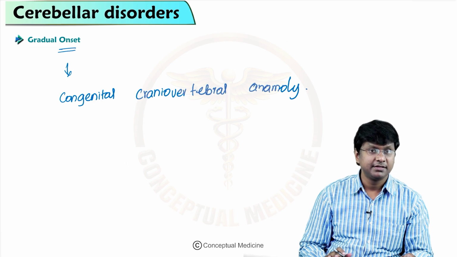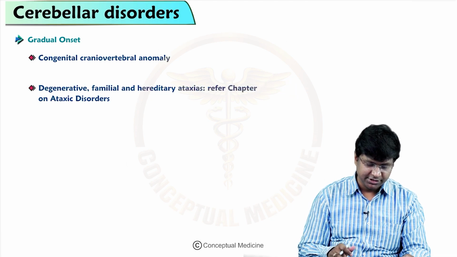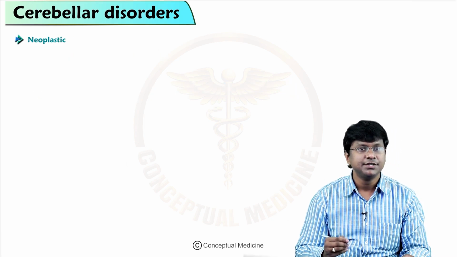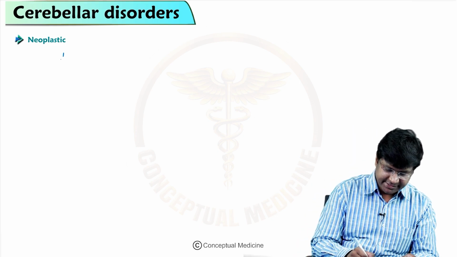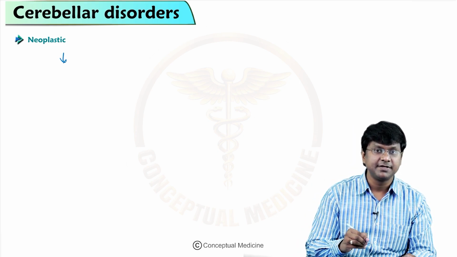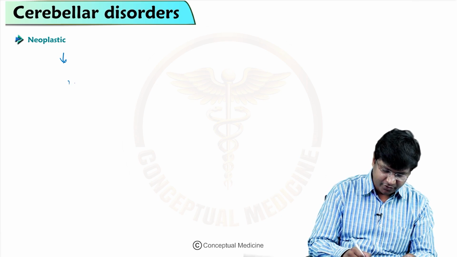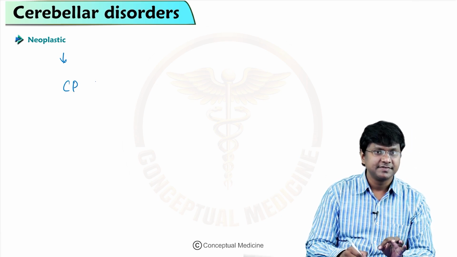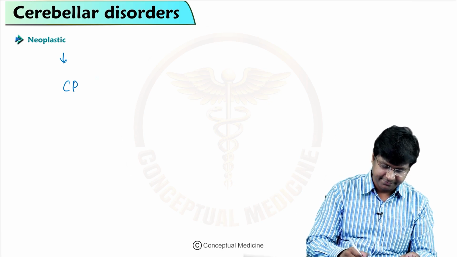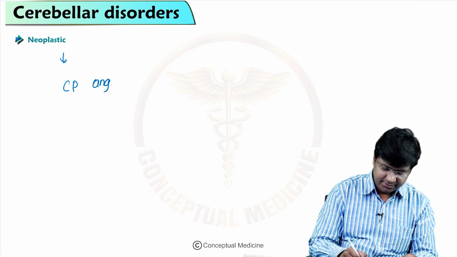So this will be the etiology which will cause gradual onset of cerebellar symptoms. And then we have neoplastic diseases. These neoplastic diseases include cerebellopontine angle tumors, that we call CP angle tumors. CP stands for cerebellopontine.